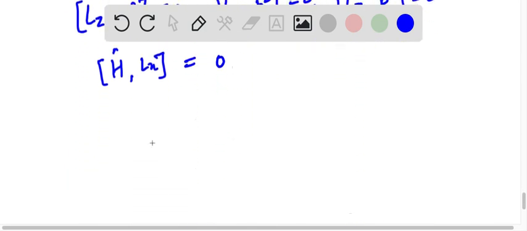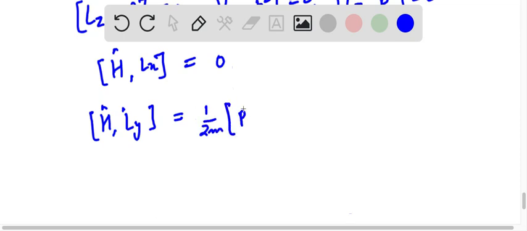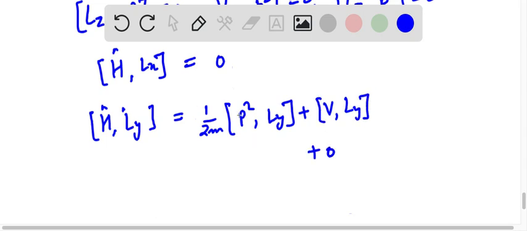Similarly, we can calculate [H, Ly], and this will be 1 by 2m [p square, Ly] plus [V, Ly]. This part is already 0, and similarly [p square, Ly] is also 0.